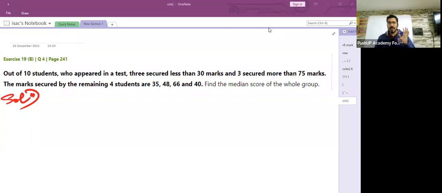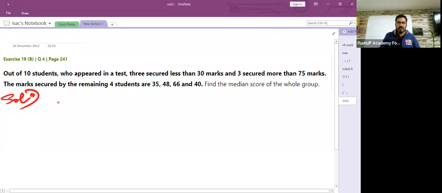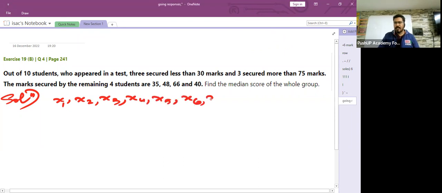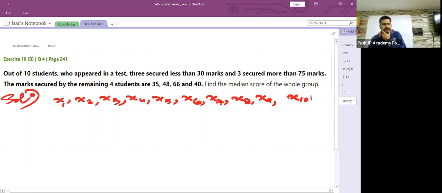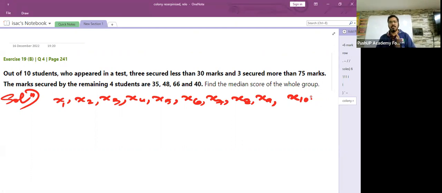Out of 10 students who appeared in a test. Children, so X1, X2, X3, X4, X5, X6, X7, X8, X9, and X10. Now just assume these are the marks scored by these 10 students. Now 3 secured less than 30 marks, 3 secured more than 75 marks, isn't it?